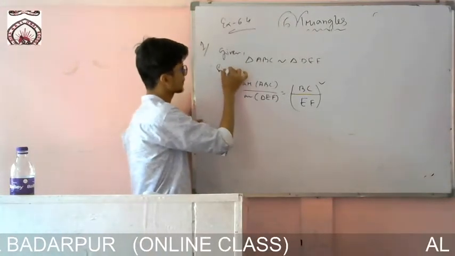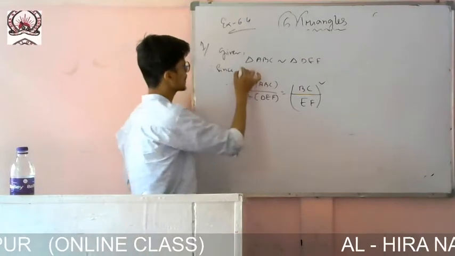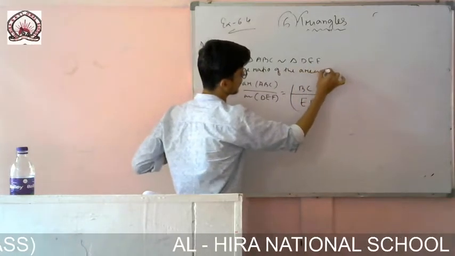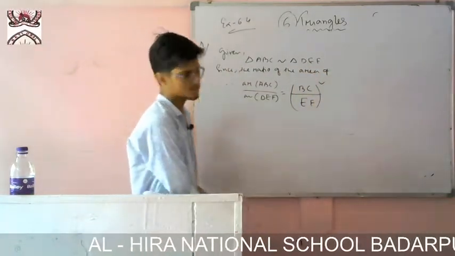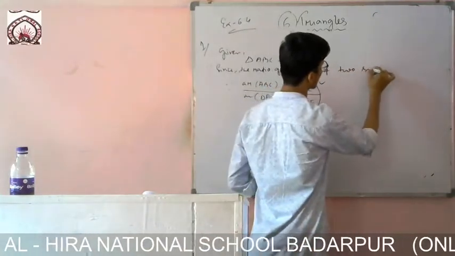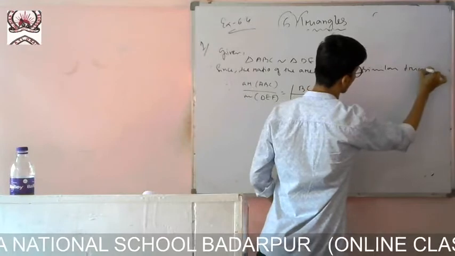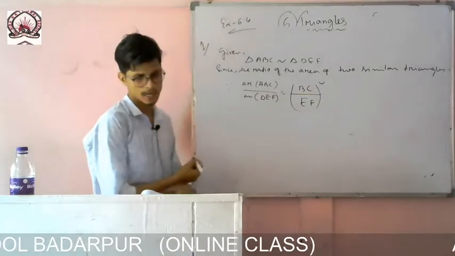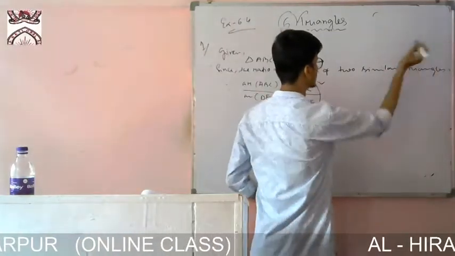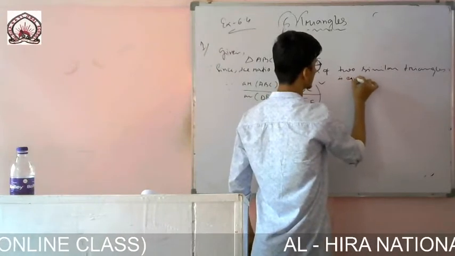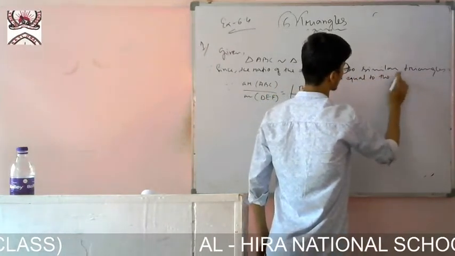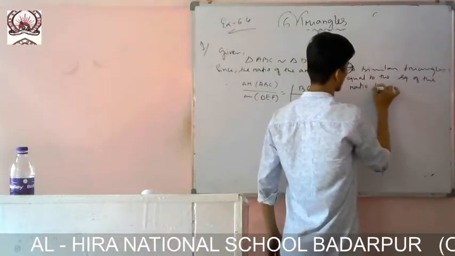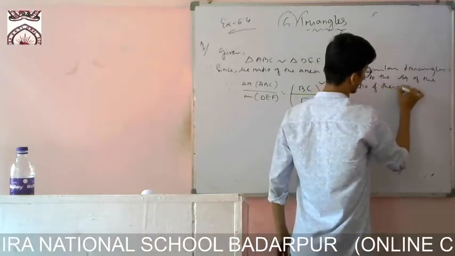Write since the ratio of the area of two similar triangles is equal to the square of the ratio of their corresponding sides.